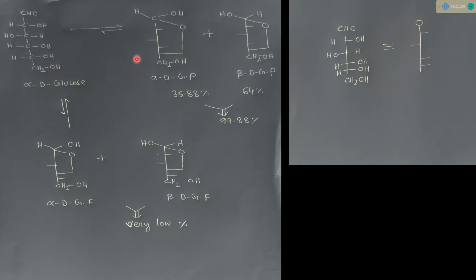So if acetone reacts with this form, alpha D glucopyranose, then only one equivalent of acetone can react, because here only one equivalent of 1,2-diol in cis fashion is present. In this case acetone cannot react, only trans 1,2-diol is present. So for reaction with acetone, the diol should be present in cis manner.